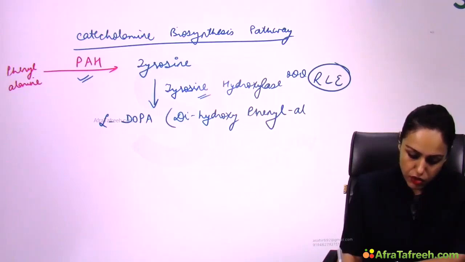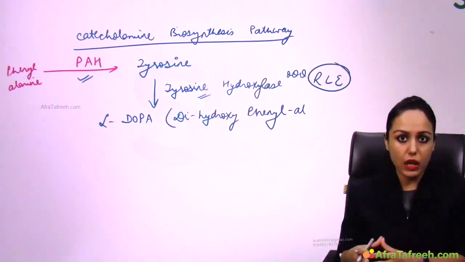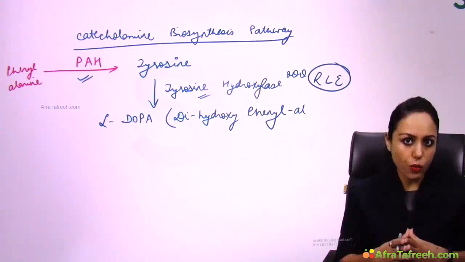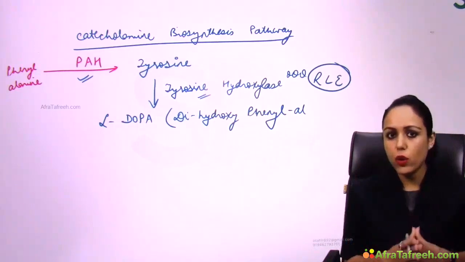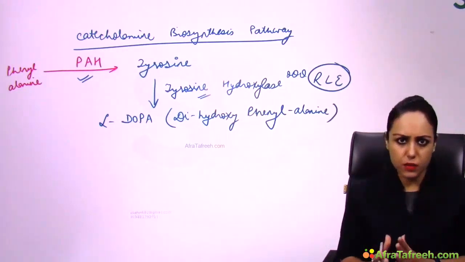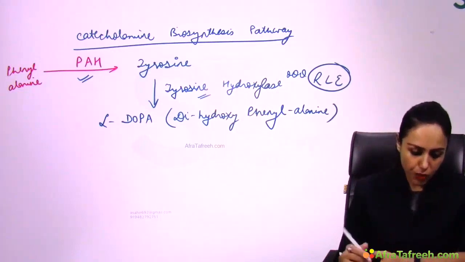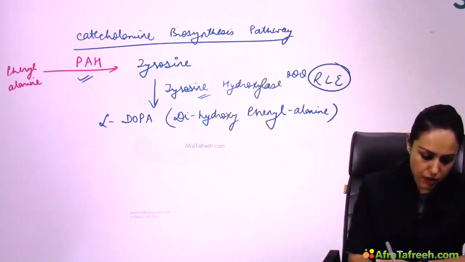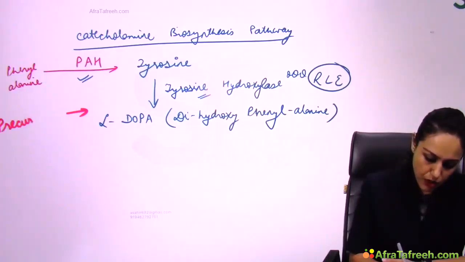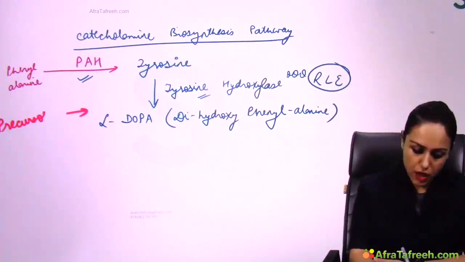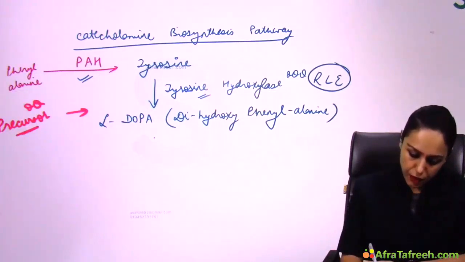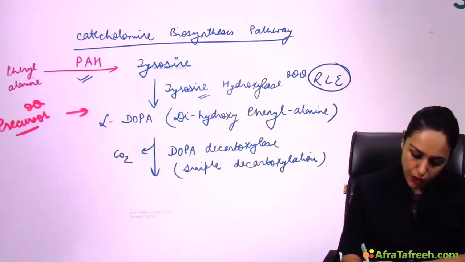So we are just adding two hydroxy groups in phenylalanine and it becomes L-DOPA, that is dihydroxy, two OH groups and phenylalanine. Very simple, right? So this L-DOPA is considered as the precursor of all catecholamines, and now DOPA will be taken up by next enzyme, DOPA decarboxylase.